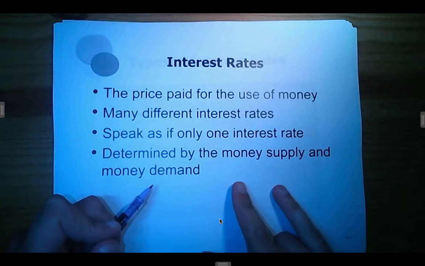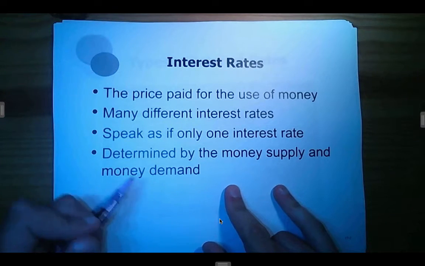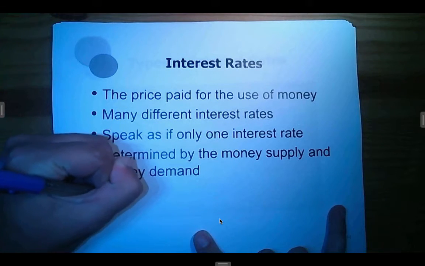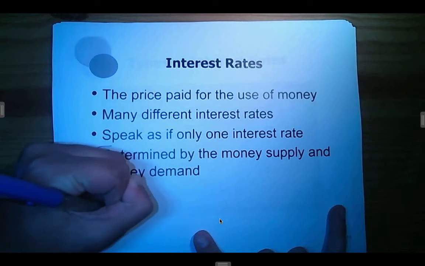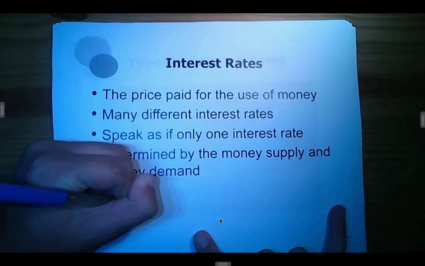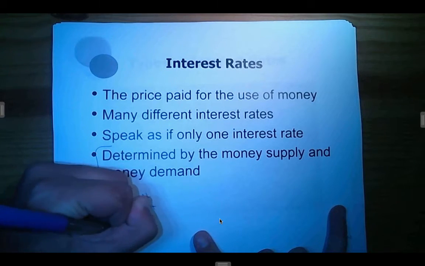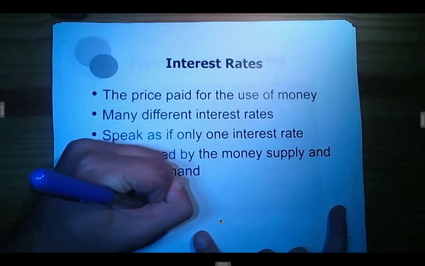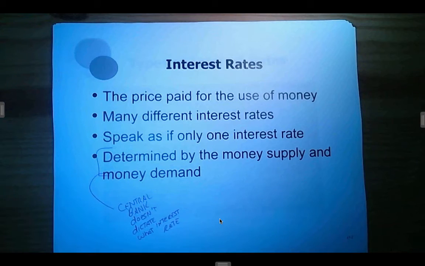Now, the question then becomes, how are interest rates determined? This is a key point. It is not the case that the central bank, at least in the United States, dictates what the interest rate will be. It doesn't say the interest rate is going to be 5%.